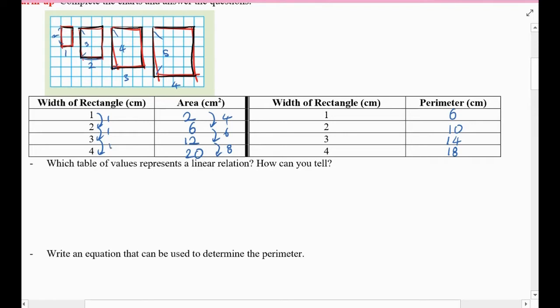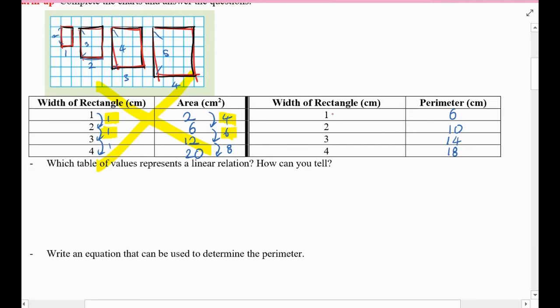The rate of change should be constant. But when the first variable, width of rectangle, is increased by 1, the area is increased by 4, but this is increased by 1, but next one is increased by 6. It's not really constant. So this is not a linear relation.